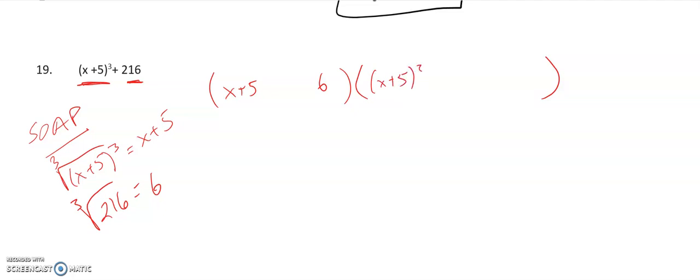The middle spot is multiply those two together. So I'll simply just write it as 6 times the quantity x plus 5. And then the last spot would be, again, this 6 quantity squared. And SOAP, same as the original, opposite of what I just wrote, always positive.